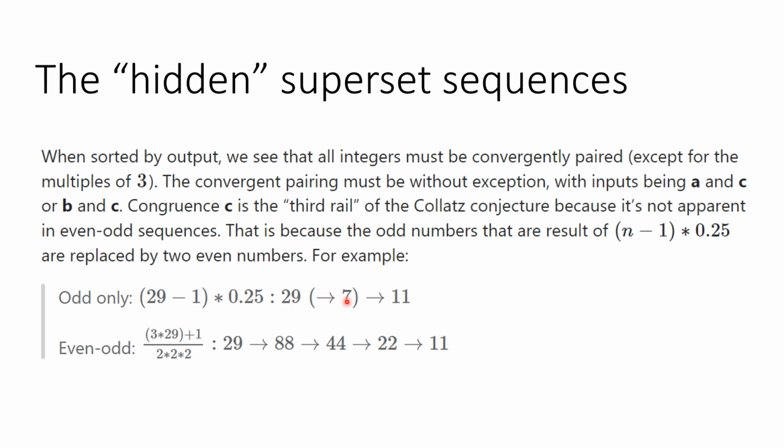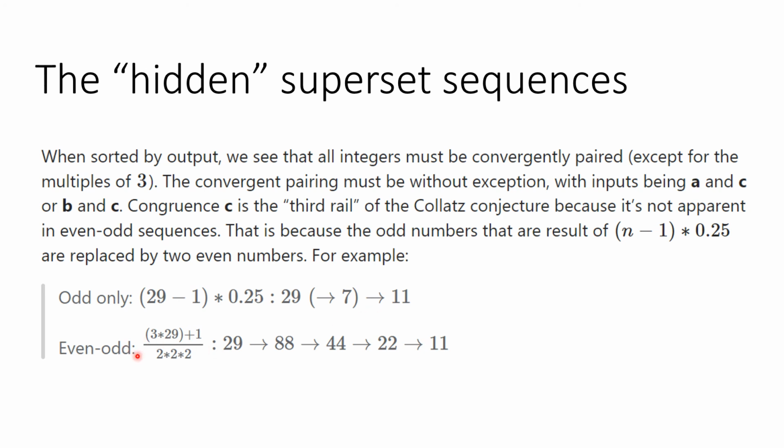And you will never see that number. I don't even want to call it an intermediate number, but from an even-odd perspective, you might think of it as an intermediate number. You never see that number. What you see is 11.